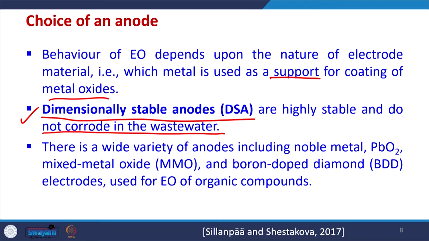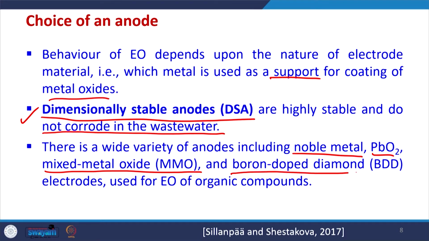There is a wide variety of DSA anodes available. They may be made of noble metals, lead oxides, or mixed metal oxides, where one metal may be the support and another metal oxide is coated on it.